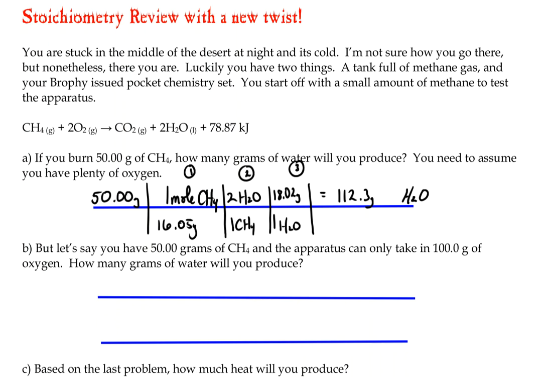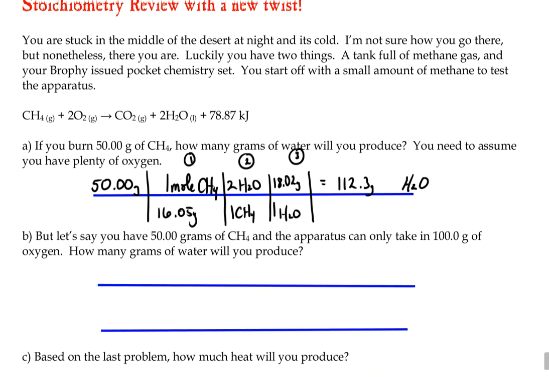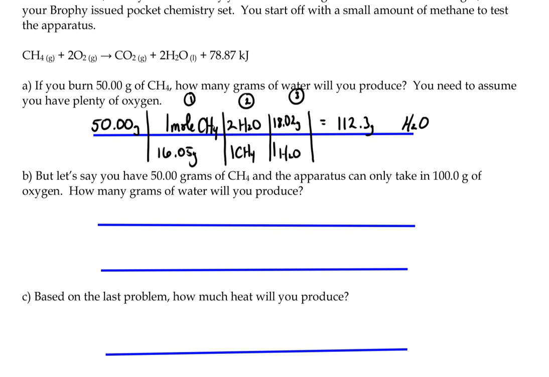The second problem is a little more complex. It has to do with limiting reactants. So with limiting reactants, one way of doing it is just setting up 2 stoichiometry problems. So what I'm going to do is say, well, I have 50 grams of this stuff, and I want to find water.